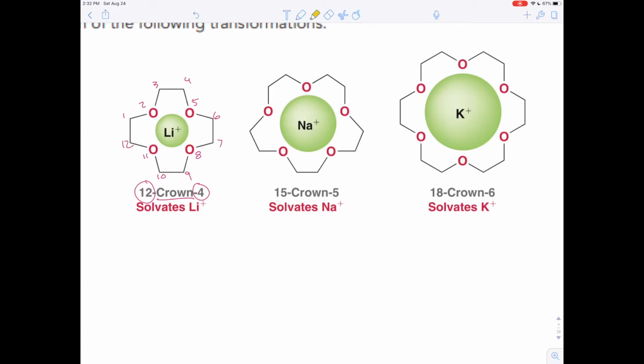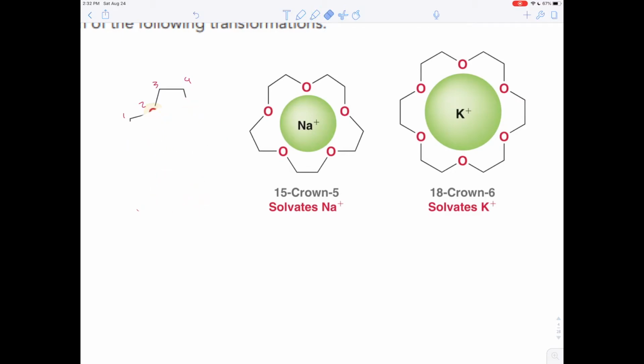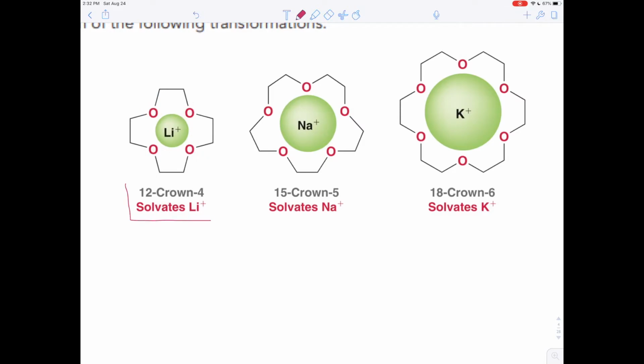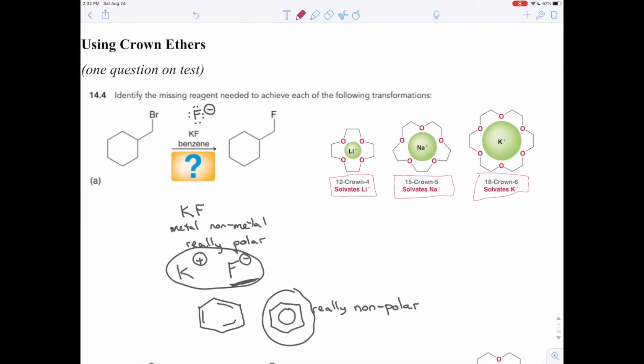The last number is the number of oxygens, so 1, 2, 3, 4. So: total number of atoms, crown, number of oxygens. What you need to remember is that 12-crown-4 creates a pocket in the middle that is the perfect size for lithium. 15-crown-5 creates a pocket that's the perfect size for sodium. And 18-crown-6 creates a pocket that's the perfect size for potassium.